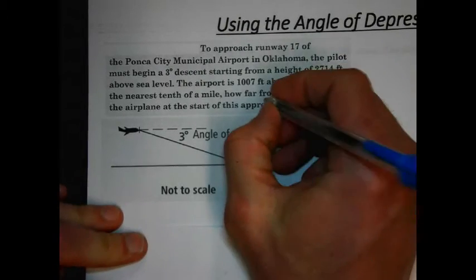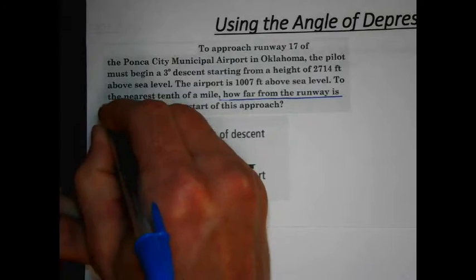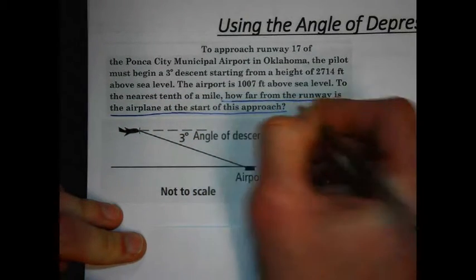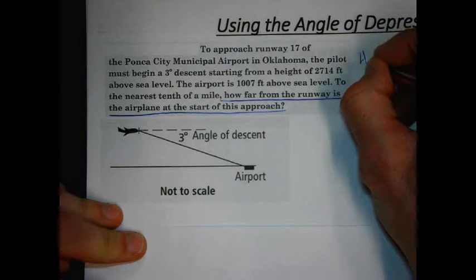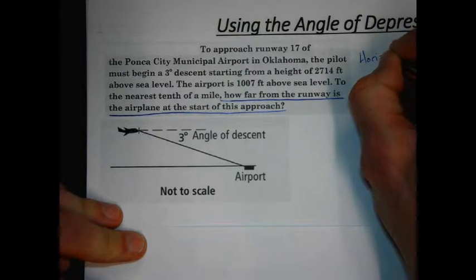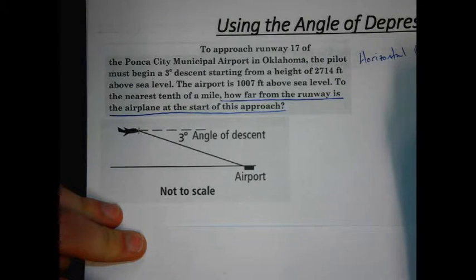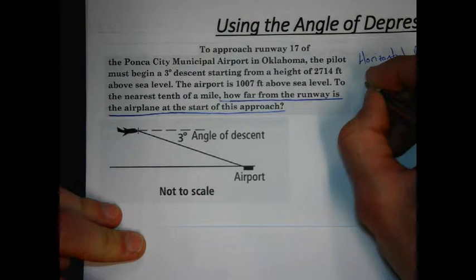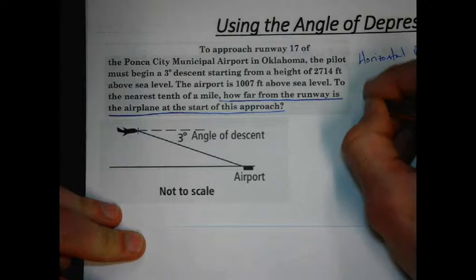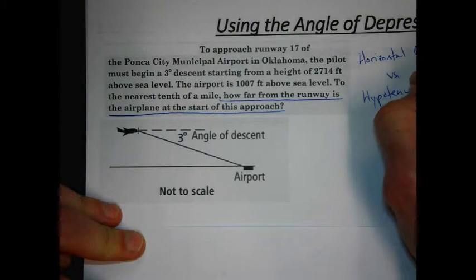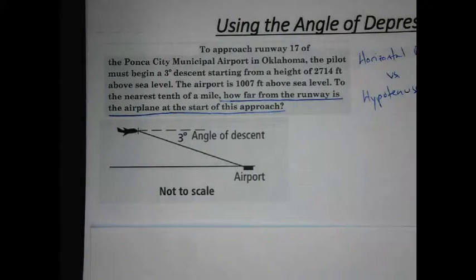So this is an interesting question because this question has a history of disagreement. Are we talking horizontal distance, or are we talking of the hypotenuse? Many teachers go one way or the other.